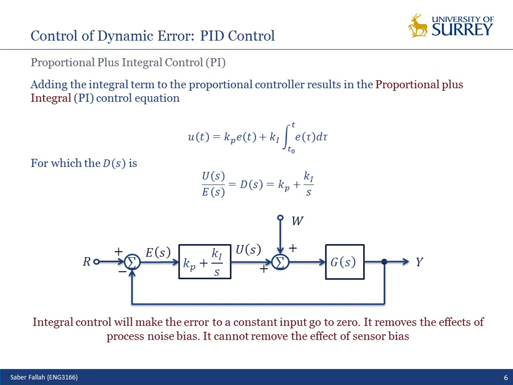But when it goes to integration, it starts accumulating this small error, and after a certain time it will be a huge value that will damage the performance of the system. That's why in practical cases, you need to reset the integration after a certain time in order to make sure that the bias has been removed from the controller. This is the practical issue of integration. In theory, it's perfect. But in practice, because we have noise and bias, sensor bias, it will accumulate this bias or noise in the system.